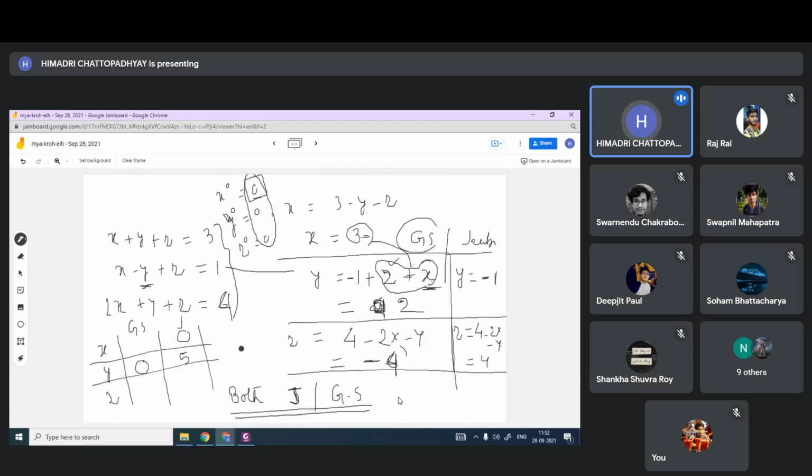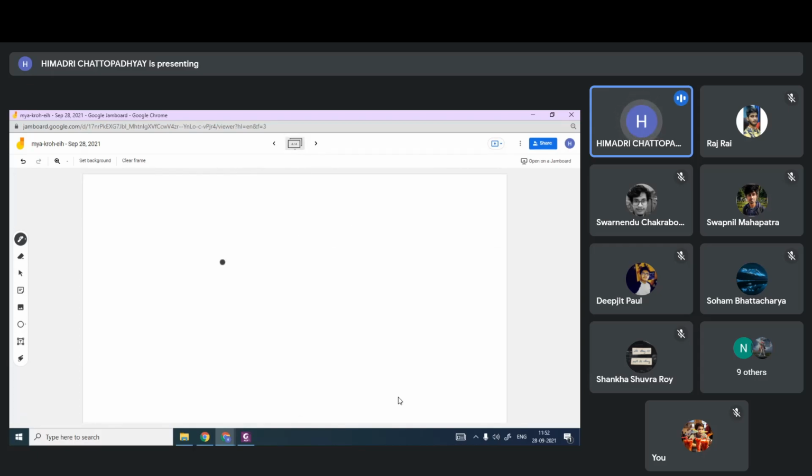What is the change? See this, I can write the basic difference like this: x new is equal to a plus b y old plus c z old. This will always be old for Jacobi, and y new will be a1 plus b1 x old plus c1 z old.